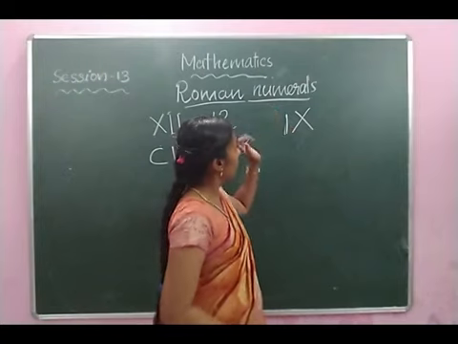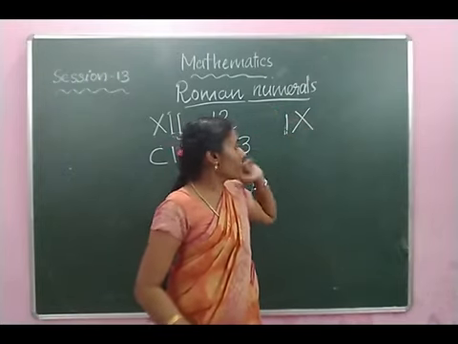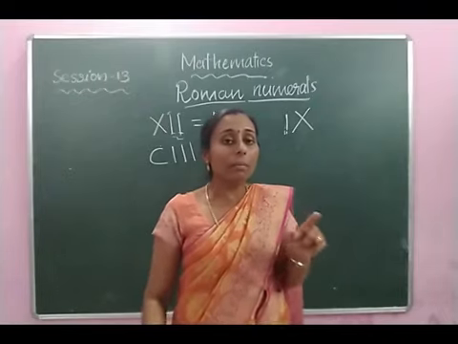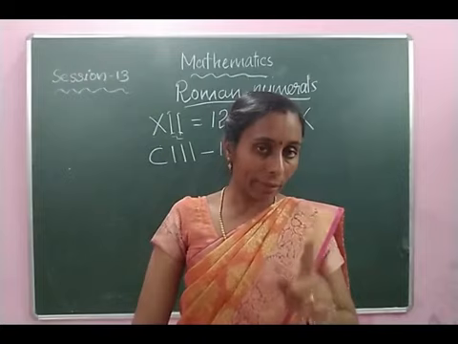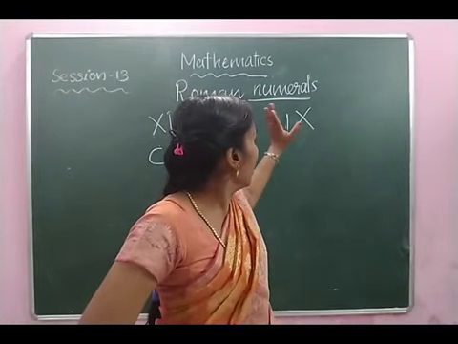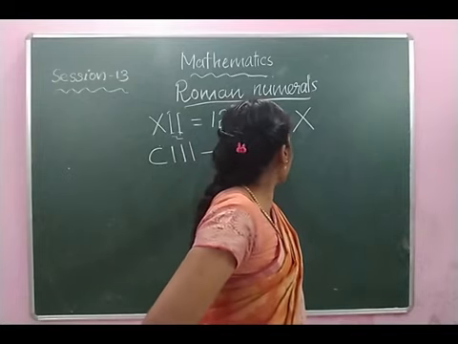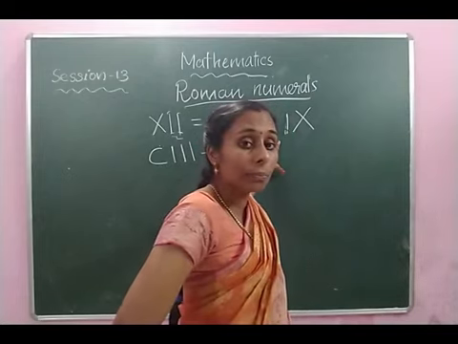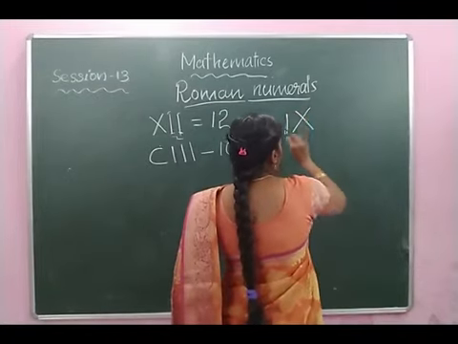When a smaller numeral comes before the greater value, it should be subtracted from the greater value.